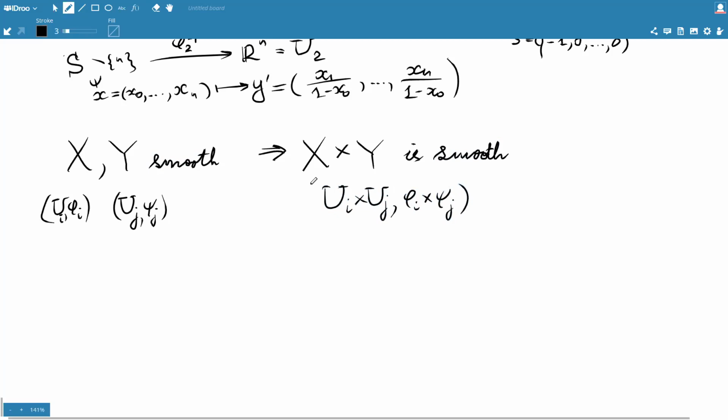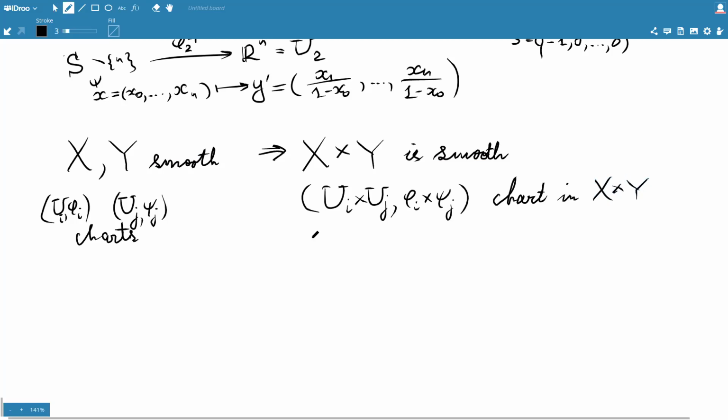That is clear. So it's a chart. These are charts in X and Y, and this is the corresponding chart in X cross Y.